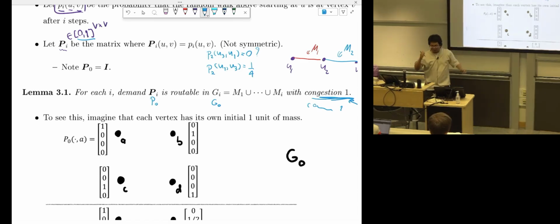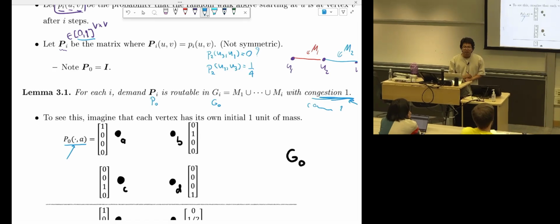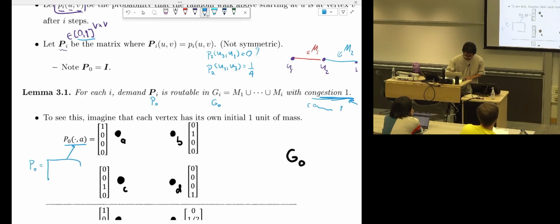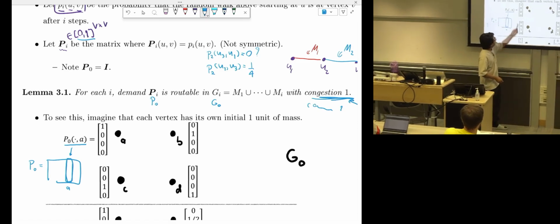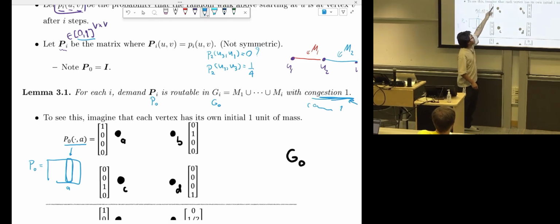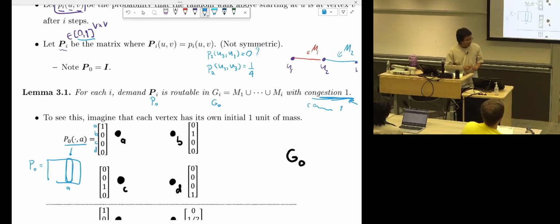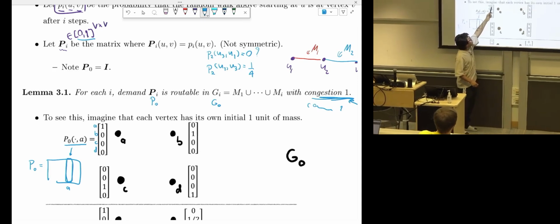Think of this as a column of P at node A. This is the probability mass that ends up at A. This is for A, this is for B, this is for C, this is for D. This is the probability mass that starts at A and ends at A after time 0.